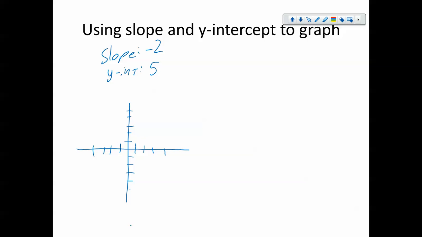So I'm going to start where my y-intercept is, because this is a point on the line, and that is at +5. The y-intercept crosses the y-axis at 5. That tells me where to start. We sometimes call this the initial value, because it's the first value we use.